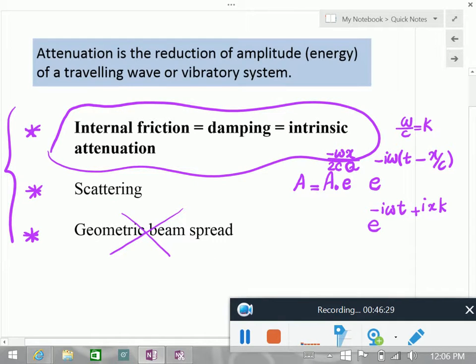For non-destructive testing, you have to know about geometric spreading, but we don't use it because no matter what, it's there. But scattering and internal friction are parameters that change if you have some inclusions or some cracks inside the material, and you can use it.